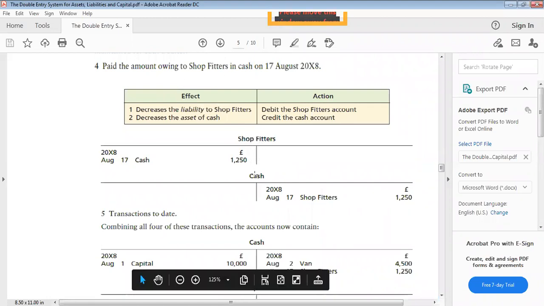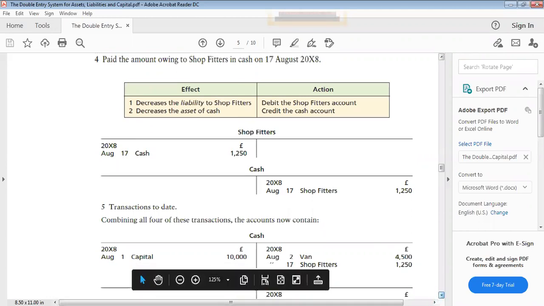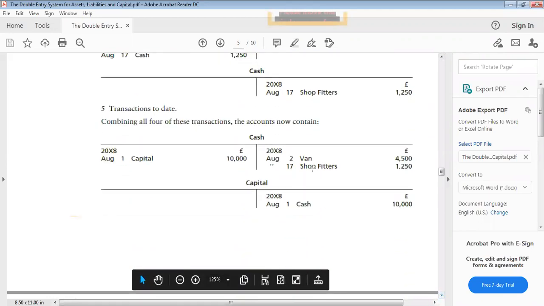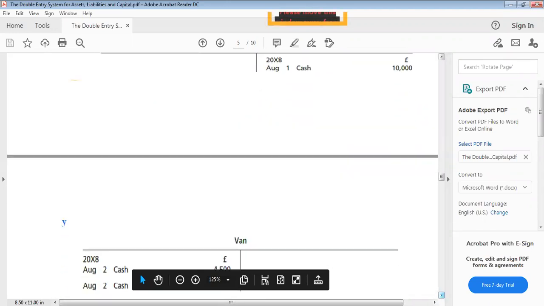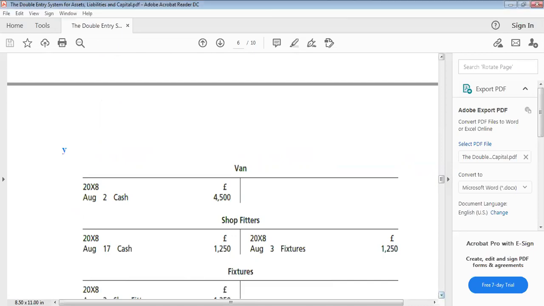You don't need to create another cash account nor a shop fitters account because you already created them. All you would need to do is what? Just make the entries as you see here for shop fitters under cash and the entry for cash under what? Shop fitters. All right? You make the entry under the different accounts. That's all. Don't create them more than one time. If you have them created already, you just make the entry again. As simple as that. Good?